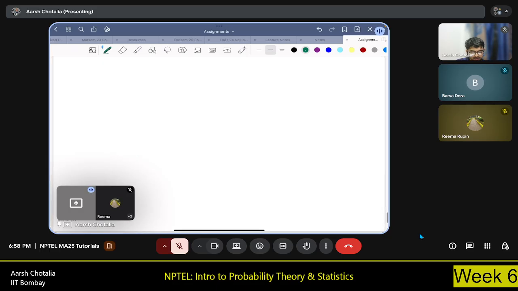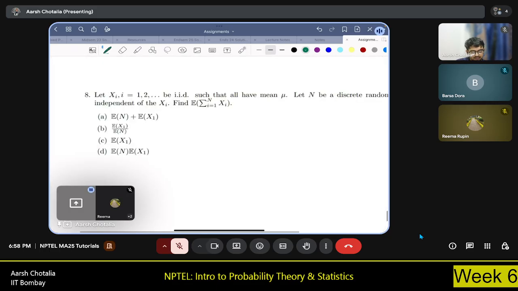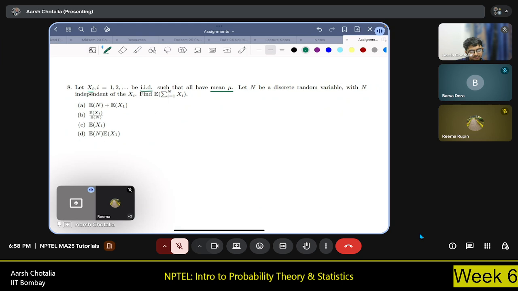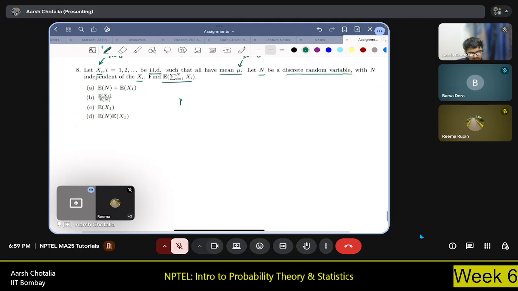For that, let's look at the eighth question, which is exactly asking the same thing but more formally. So we have Xi's, some IIDs, and all of them have the same mean mu. So these Xi's are the weights, and the mean was 100 kg, right? And n number of random variables are being added, and we have to find the expectation of this quantity. Expectation of the sum of Xi, i equal to 1 to n.